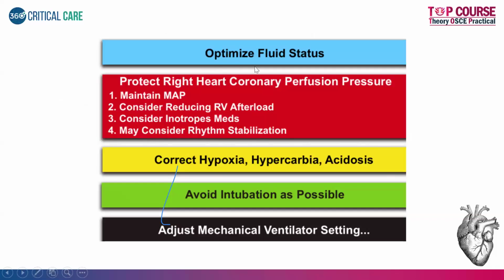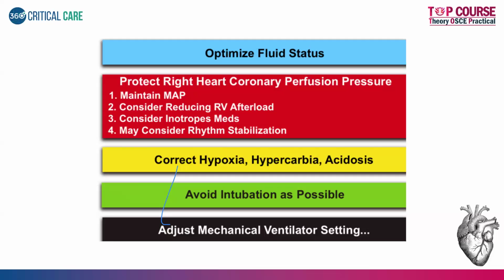Going about the management, the line of RV failure management usually involves optimization of fluids and protection of the right heart coronary perfusion. I have told you earlier as well, as compared to the left ventricle, the right ventricle has less blood supply. So we need to maintain the MAP, consider reducing the RV afterload, optimize inotropes, and consider rhythm stabilization. Other precipitant factors like hypoxia, hypercarbia, and acidosis should be corrected.